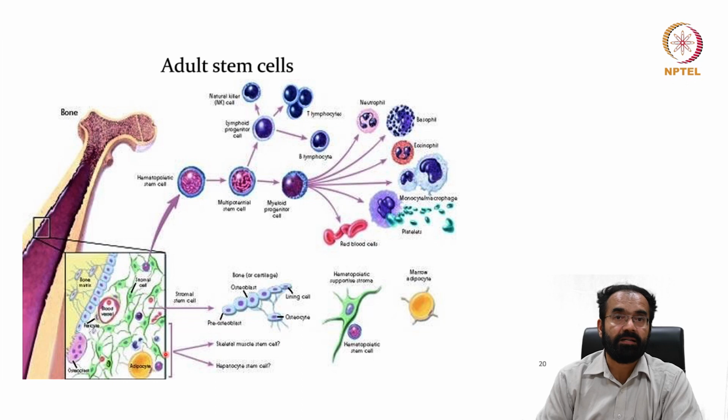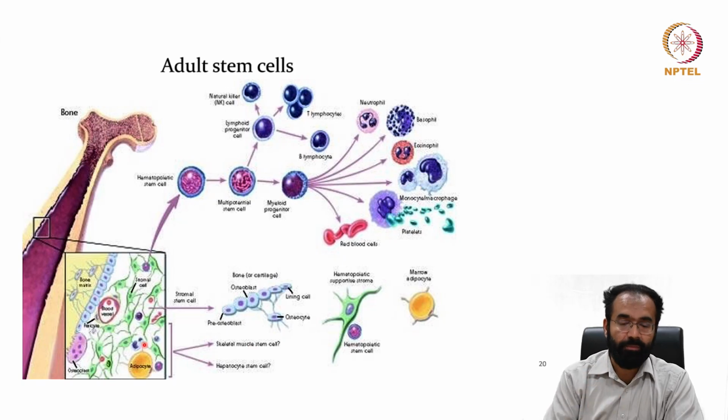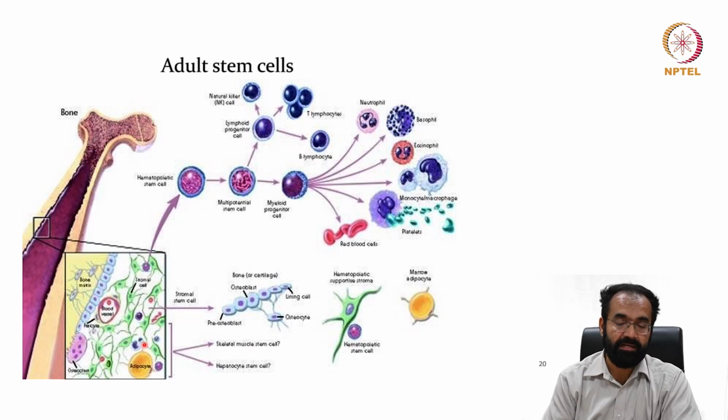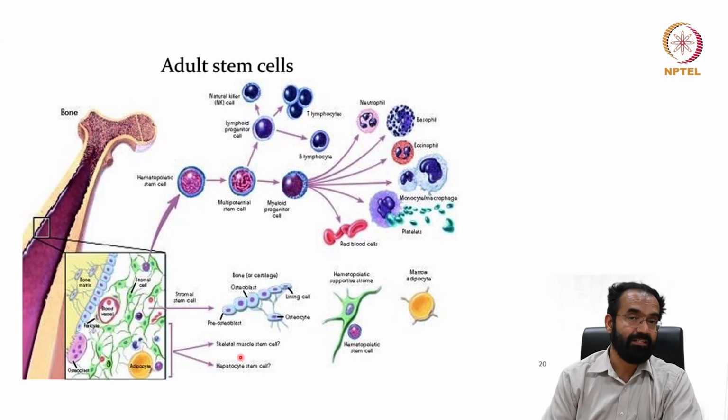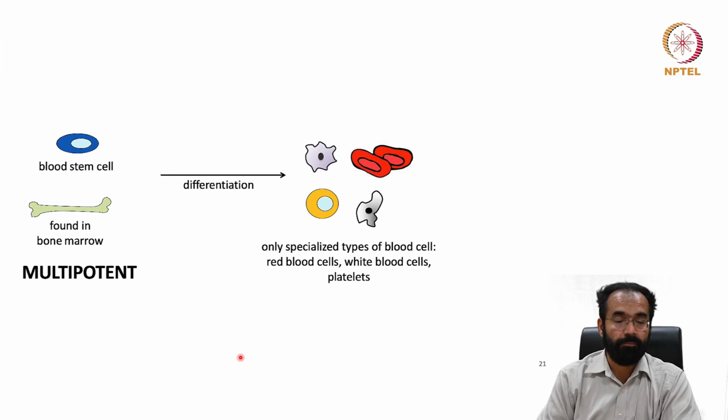And some of these stem cells can give rise to skeletal muscle stem cells and hepatocyte stem cells, that is by coaxing them. Normally they don't produce these. Can we take these bone marrow cells and force them to make a skeletal muscle stem cell? Can we make them into hepatocyte stem cells? Technically it is possible through differentiation, and that kind of research helps to fix damaged tissue.